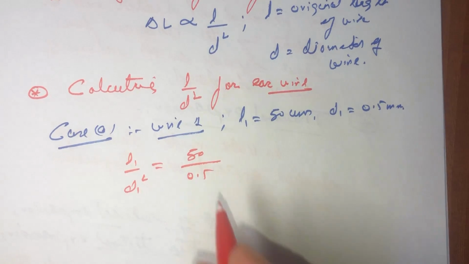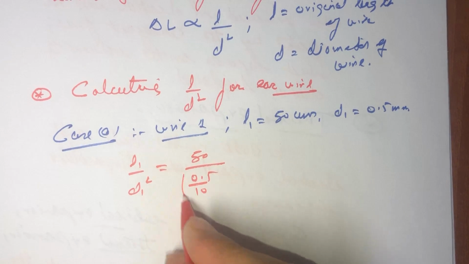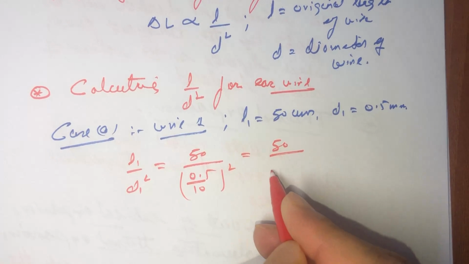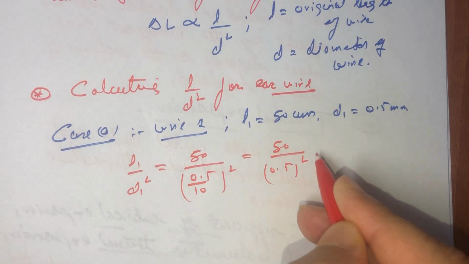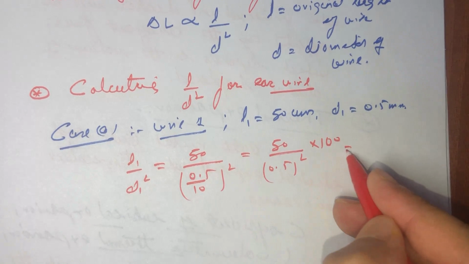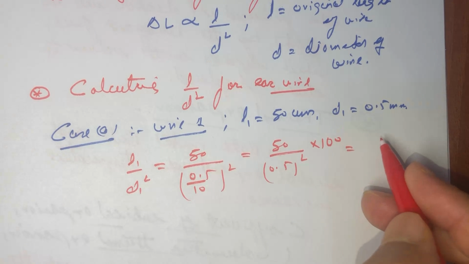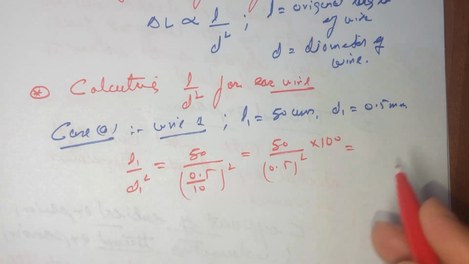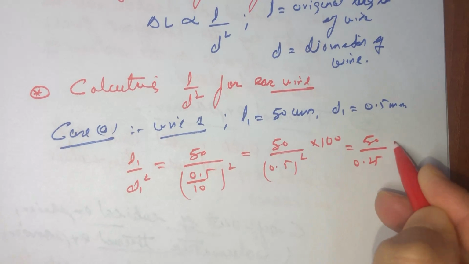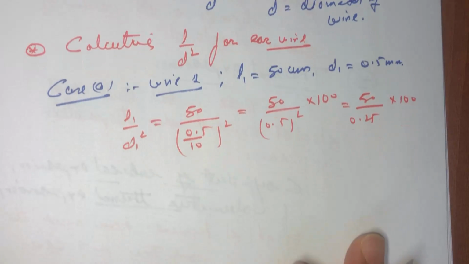So from here we can say divided by 10 whole square, so this will be coming as 50 upon 0.5 whole square multiplied by 10 or 100 square. So this will be coming as 50 upon 0.25 into 100.